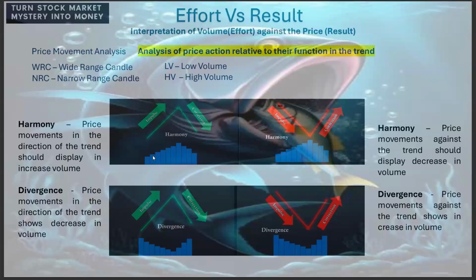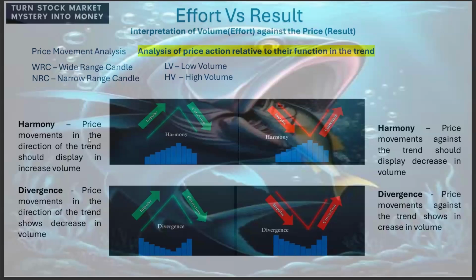In the other case, every time volume goes up, the price also goes up, so the proper amount of buying effort is happening and the result is happening. But between the effort and the result, there is a divergence here. It is a clear indication that at the top, it is going to reverse. You see the divergence here. Again, it happens when it is going down and the price is going up. It's a pure divergence. So that's price movement analysis.